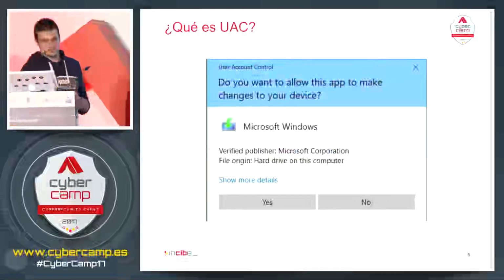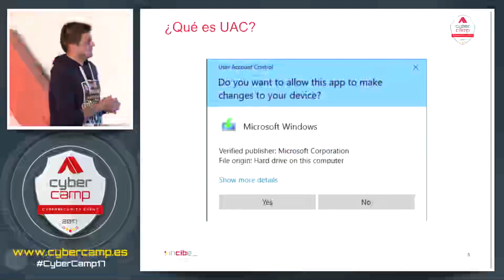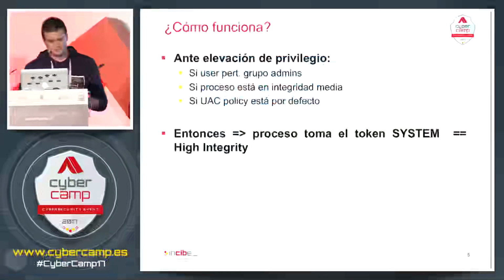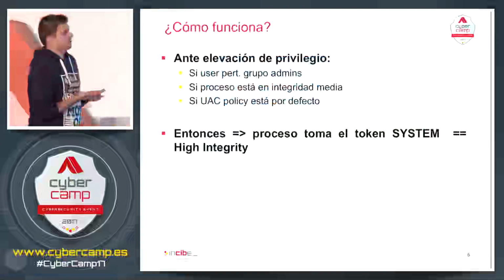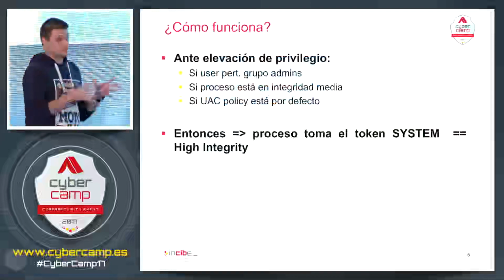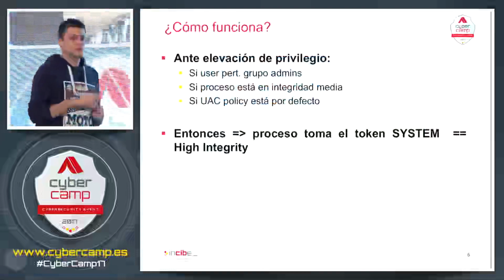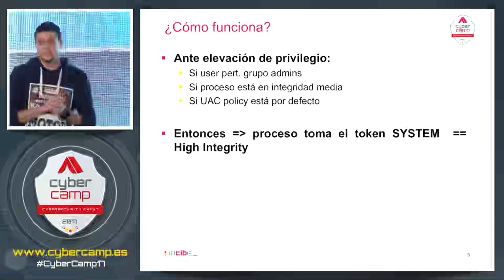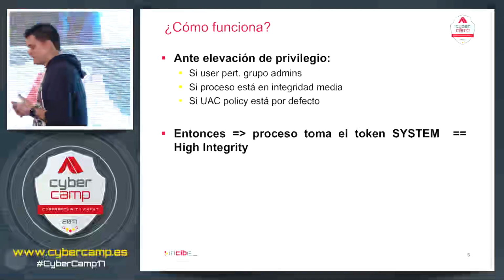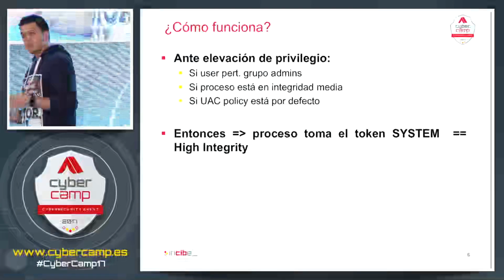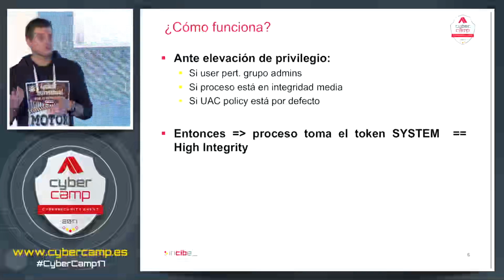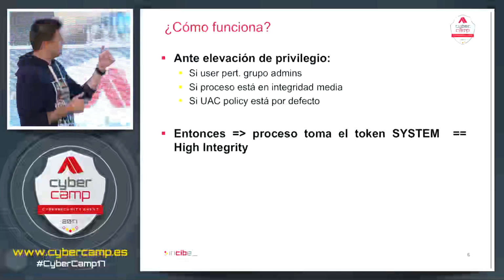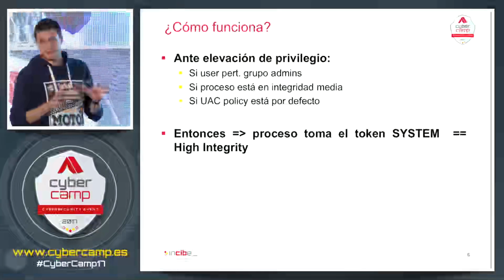Windows 10 has been modernized, as you know, but in the end it's the same security mechanism. How does it work? When you click the right button and say run as administrator, a little shield comes up. If you belong to the administrators group, you'll be able to have these rights, and there'll be the yes and no message.